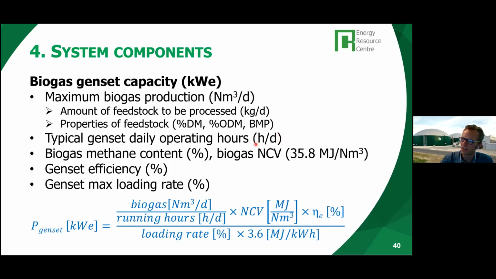In combination with the methane content of the gas, which is the main determinant of the value of the biogas, and the generator efficiency, which is also dependent on the loading rate, this will give you an indication of the appropriate generator capacity using this formula.